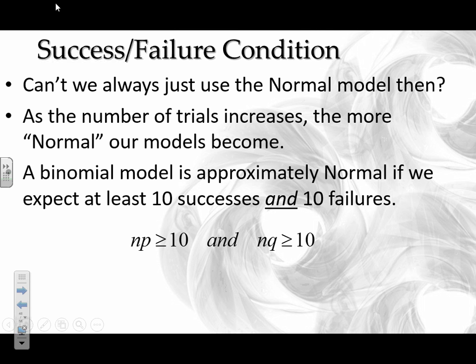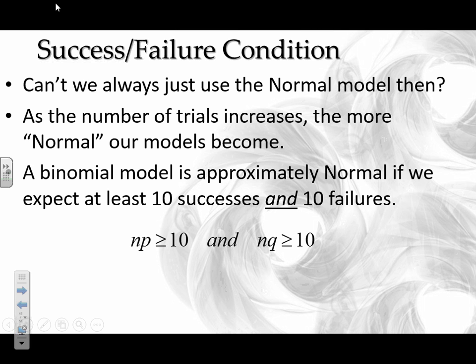So if I take the number of trials I'm going to run times the probability of success, so n times p, if that's greater than or equal to 10, then I check how many fails I expect to see. So I take the number of trials I'm going to run times the probability of fail, and if that's at least 10, then I can use a normal distribution to approximate.